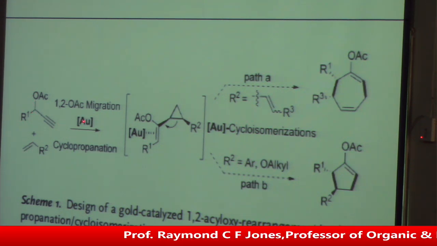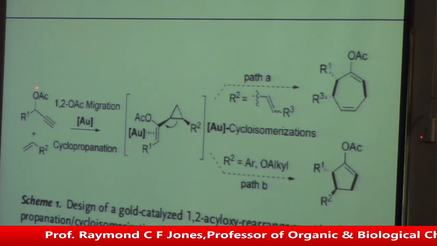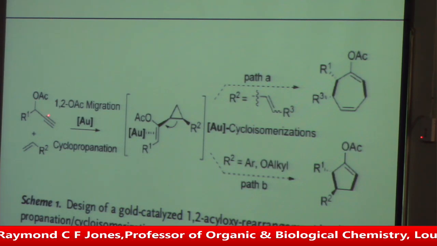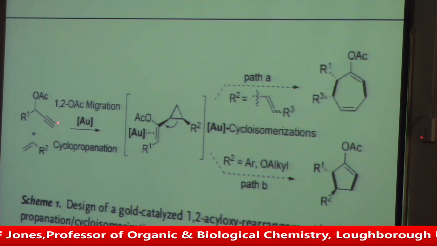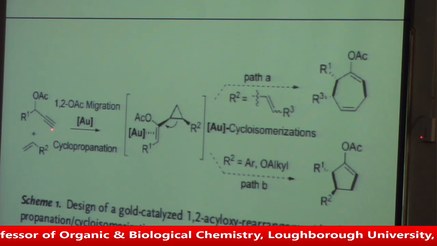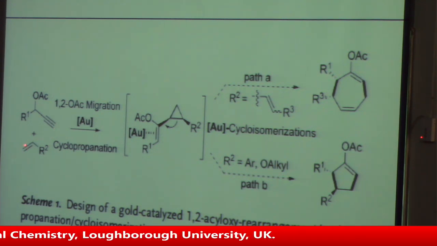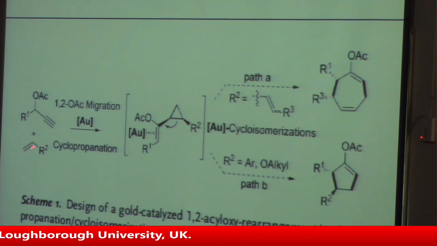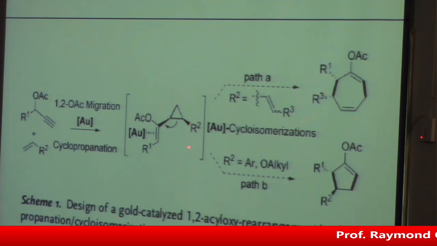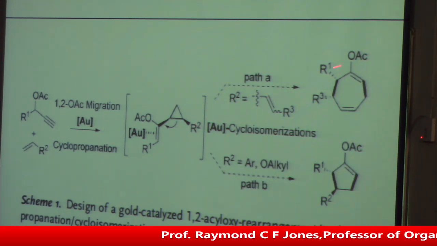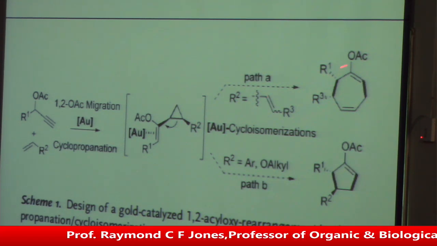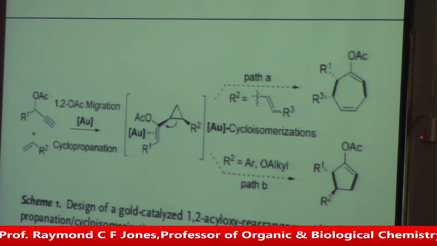So gold activates the alkyne, that helps the 1,2 migration of the acyl group to take place, and leaves a gold carbene on the remote end of what was the alkyne. That adds to another alkene to form a cyclopropane. If that alkene you add has another double bond in it, like here, then you can get a Cope rearrangement to form a new 7-membered ring.